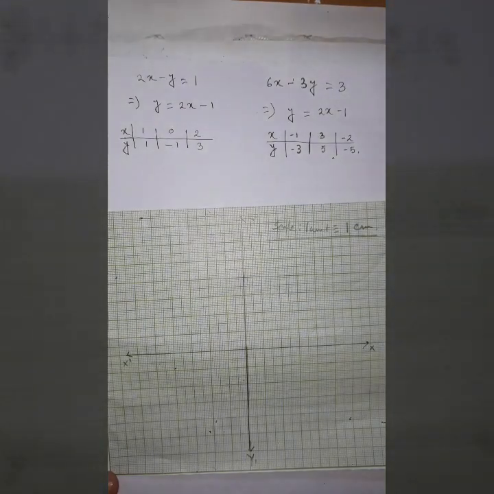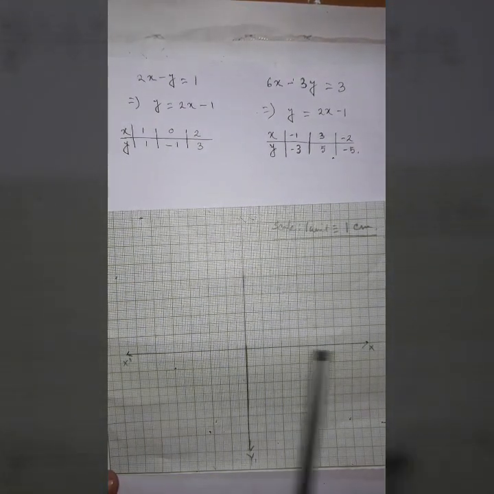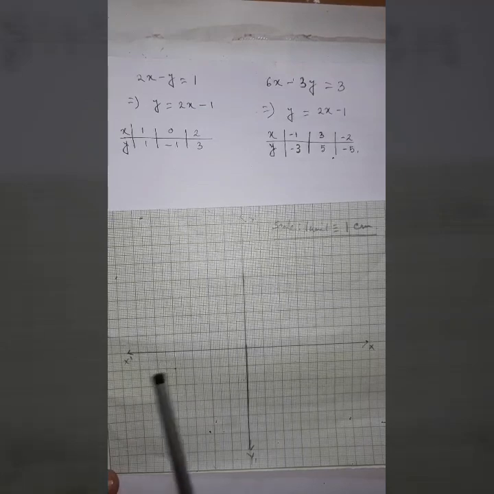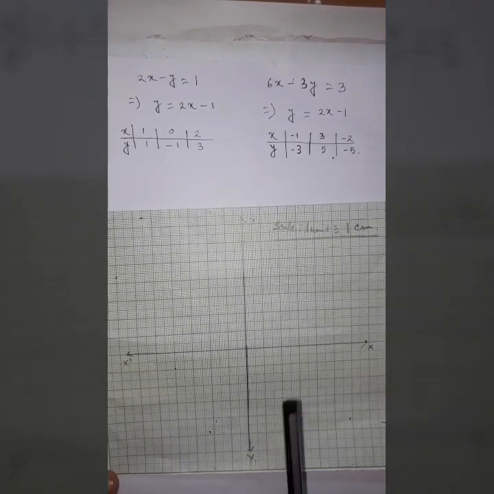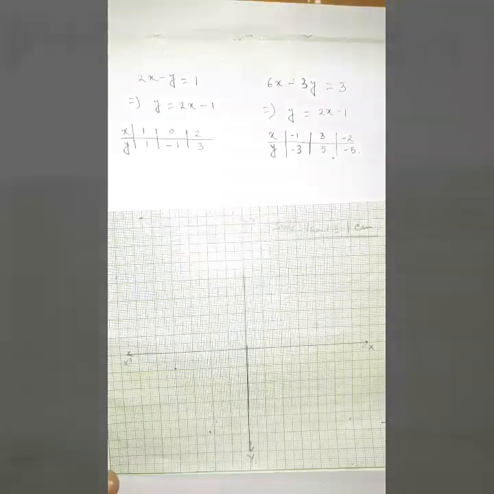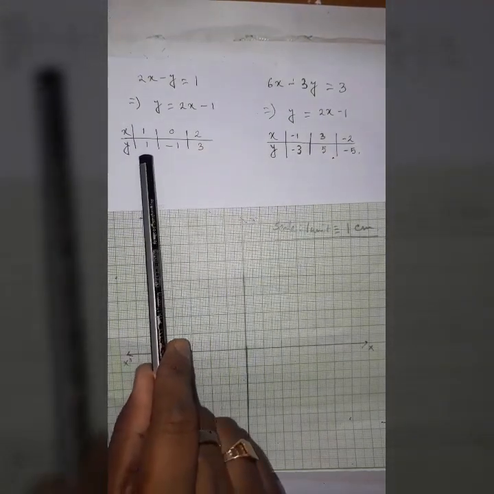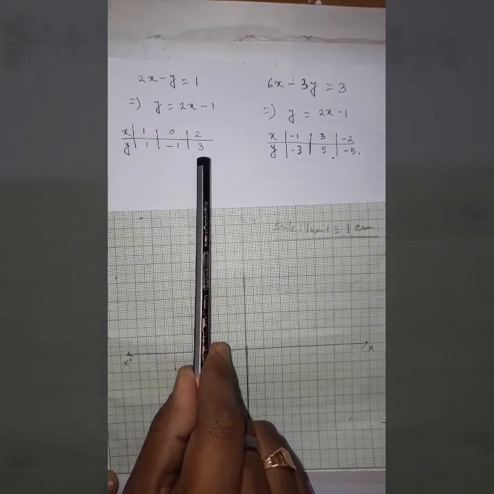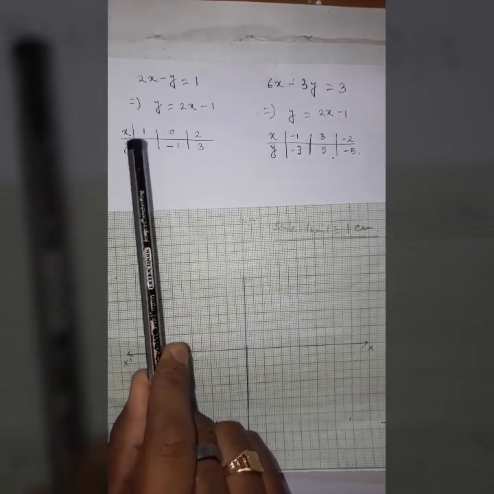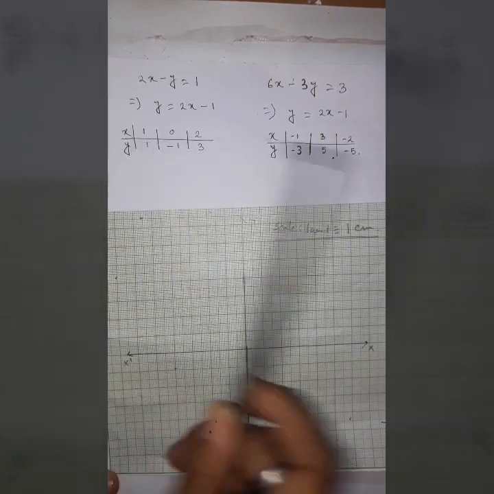Then on the graph page, draw the horizontal and the vertical axis. Horizontal axis is known as the x-axis and the vertical axis is known as the y-axis. Then plot the points 1, 1, 0, -1 and 2, 3 to get the line representing the first equation.